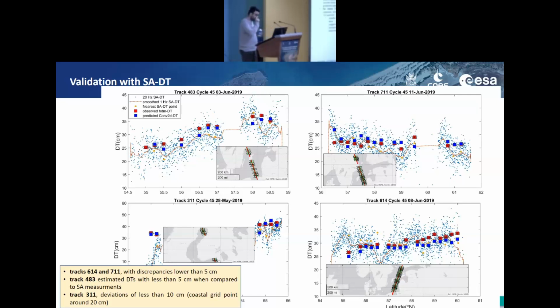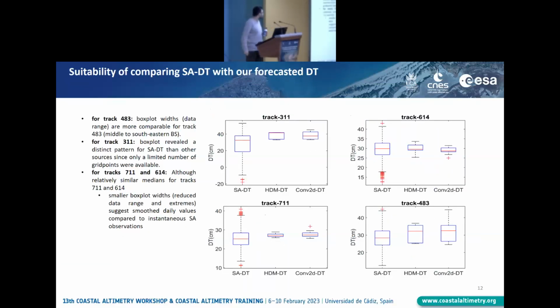The point I should mention here is that, as you know, the satellite provides instantaneous sea surface height data, but here we used a daily forecast.